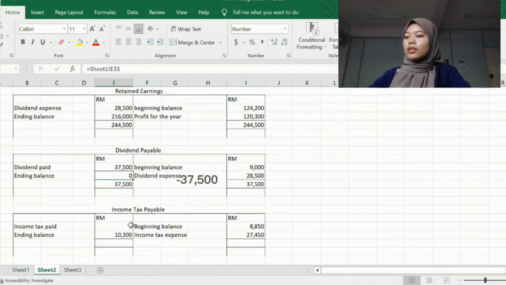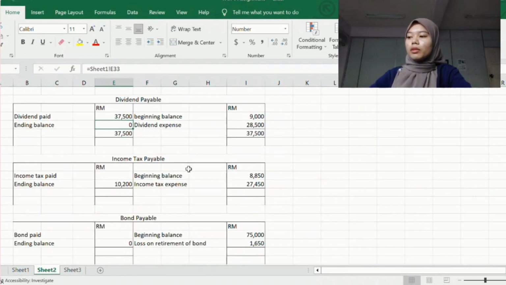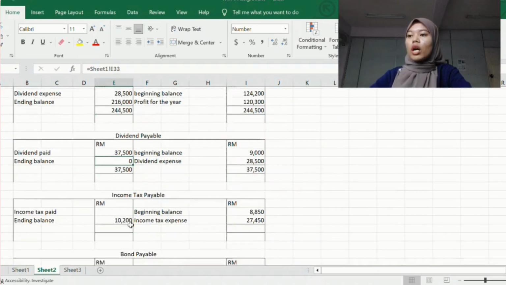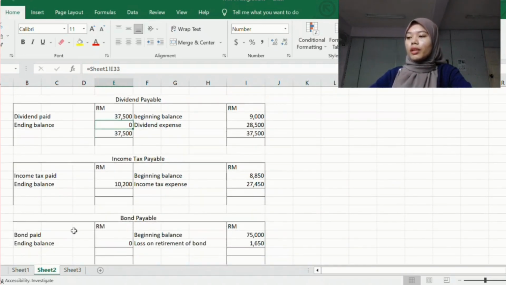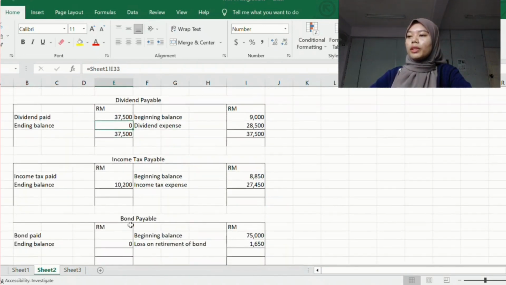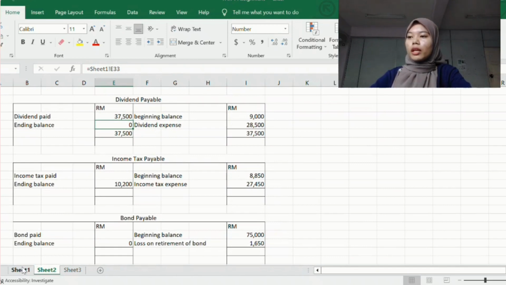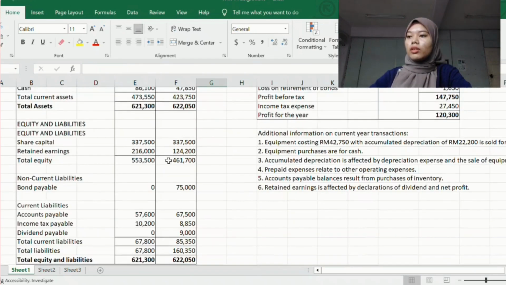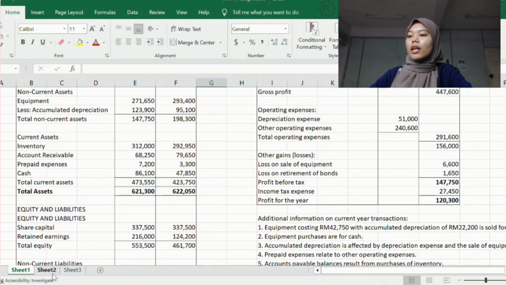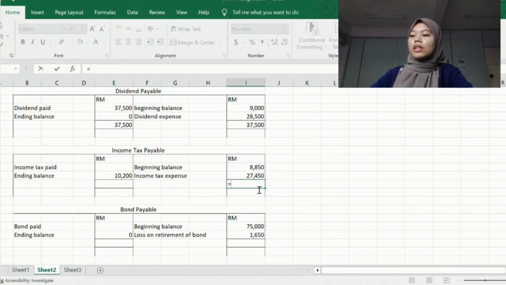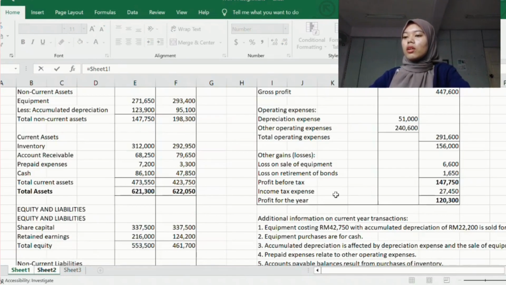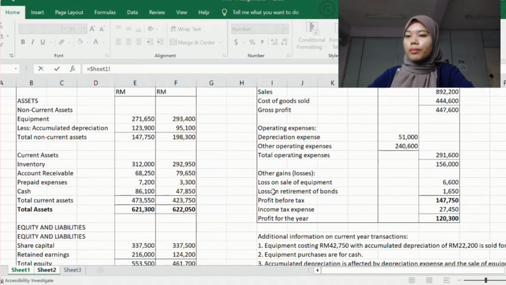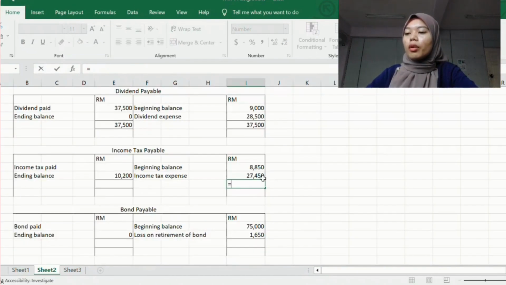Next one is income tax payable. We need to know how much tax we paid for the year. So we open the income tax payable account. The beginning balance is on the credit side, and we plus the income tax expense, which we got from the statement of profit or loss.